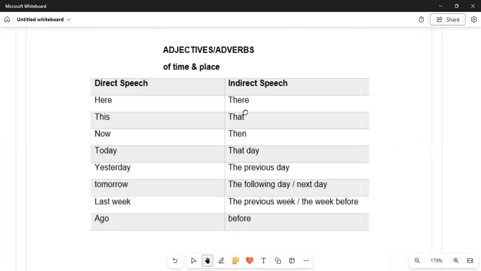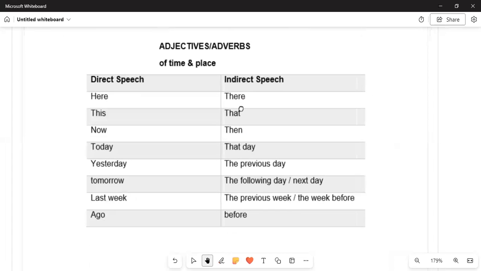And then we've got the adjectives and the adverbs of place and time. In direct speech: here we are. That is an example. And then indirect: they were there at that time. Direct: this is the situation right now. Indirect: that was the situation we faced before. Direct: the possibility is now. Indirect: that was the possibility then. Today it is our day, direct.